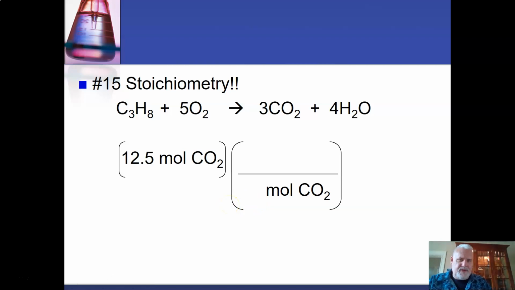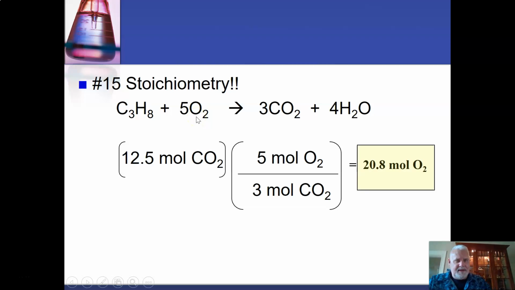And then moles of what you were looking for, which was oxygen. They want how many moles of oxygen would be needed to make that many. That's what goes on top. And now you use the coefficients in the balanced equation, and you're not going to mess them up because the 3 is in front of the CO2 and the 5 is in front of the O2, and then you just take your calculator and you do a little math, and you get 20.8 moles of O2. Yeah, that's simple, okay? Pretty straightforward.